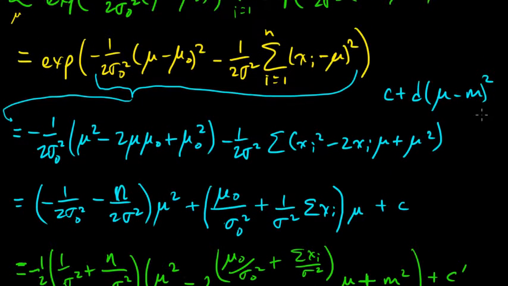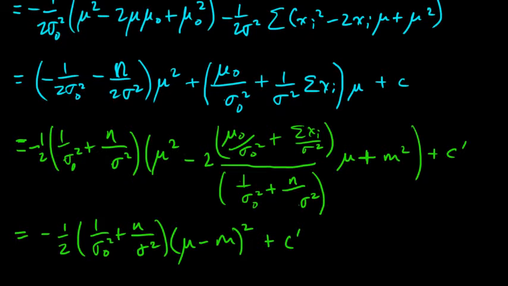We were trying to get it in this form because we wanted to get it in the form of a Gaussian distribution. So this would give it in the form of a Gaussian, and we got that form, right? This would be the D here.